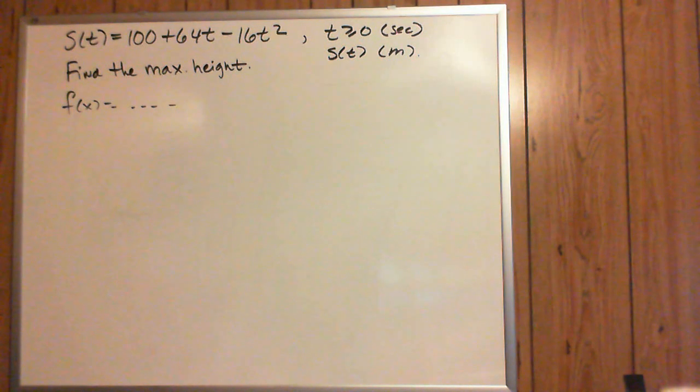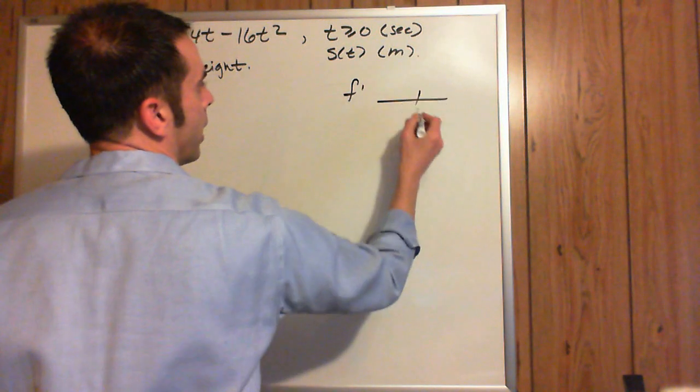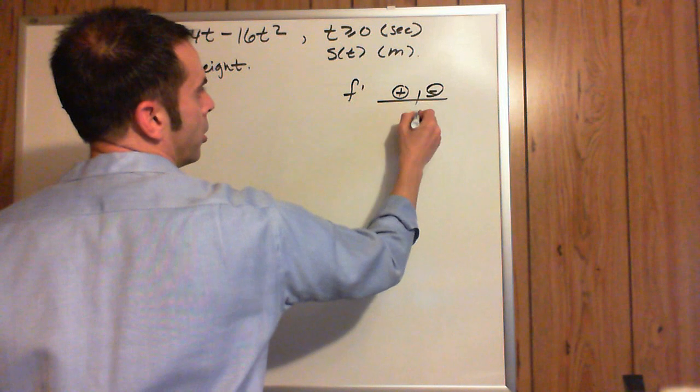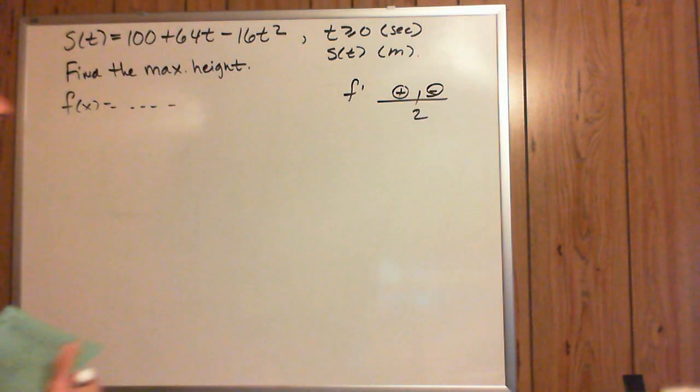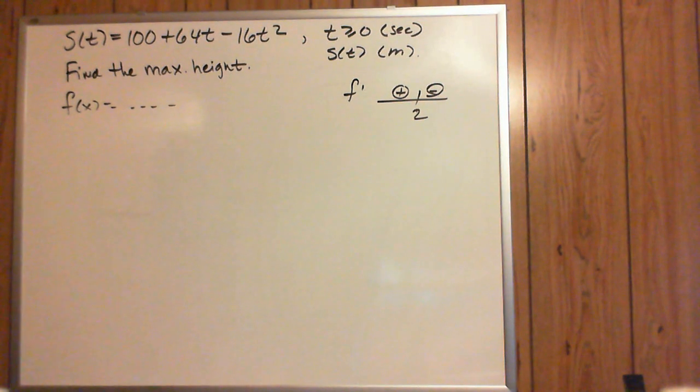Or we saw a number line test where if f prime changed signs from positive to negative at a particular number, say 2, then we would have a maximum at x equals 2. That's not the maximum value, but that's where the maximum value would occur.